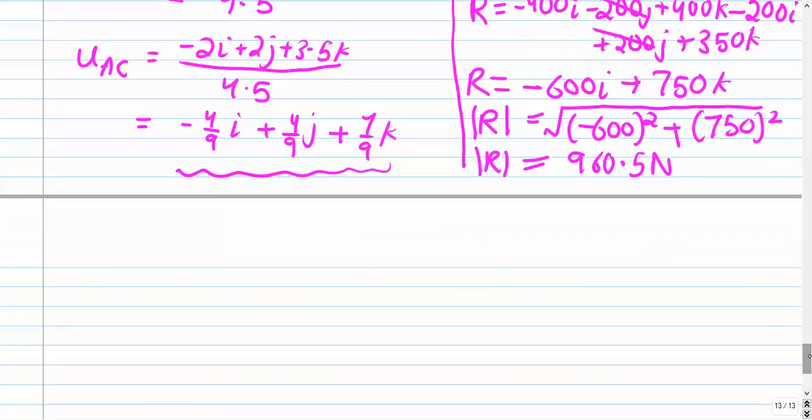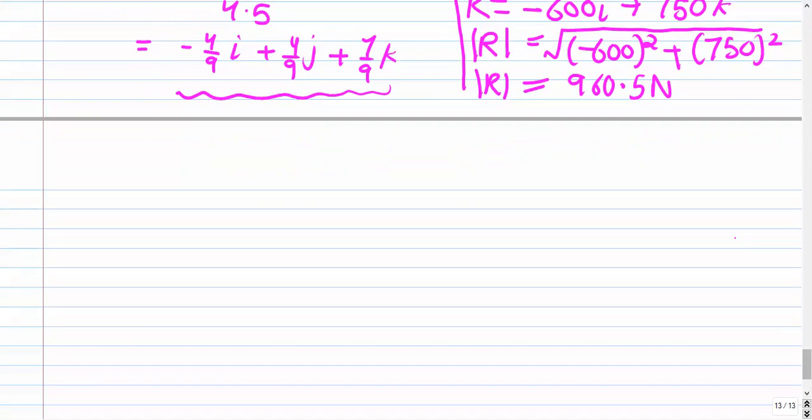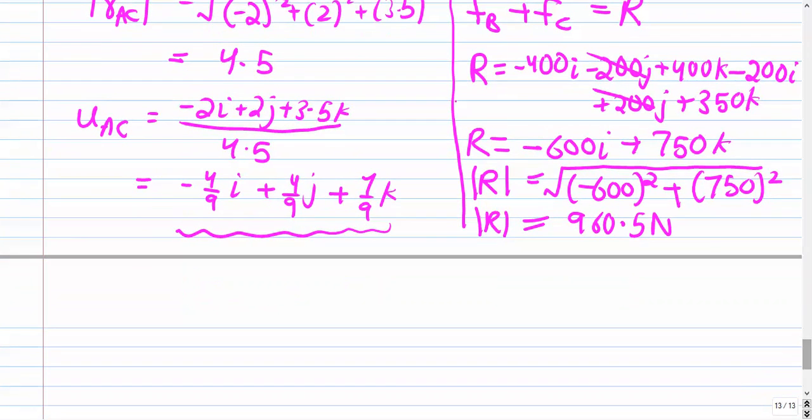Now let's move on to the last part of the question. For this part, we have to find the coordinate direction angles. So we see from the Cartesian form of the resultant vector that our resultant vector only has components in two directions, that is, in the i direction and in the k direction. So let's find the angles that the resultant vector is going to make with the x-axis and the z-axis.